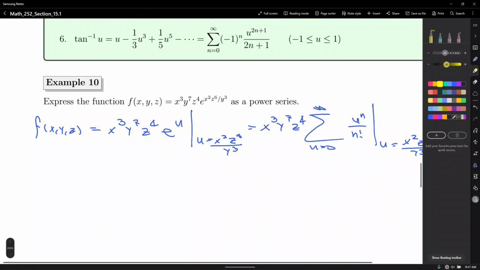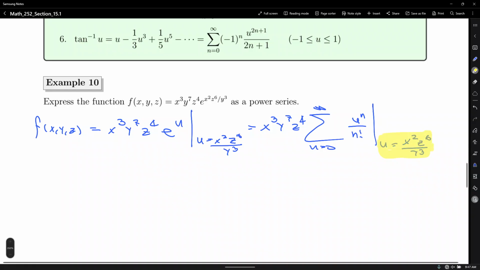That means x cubed, y to the 7th, z to the 4th, sigma n equals 0 to infinity, of x squared z to the 6th over y to the 3rd, to the n, over n factorial. Same as we did before, all we're going to do is raise or multiply the power n to different powers of x, y, and z. That's it, that's all we do.